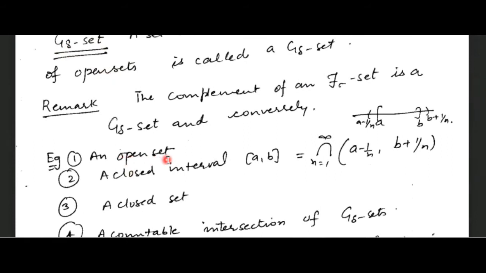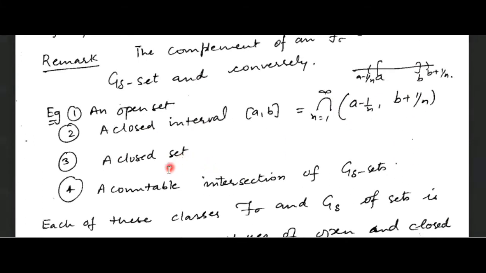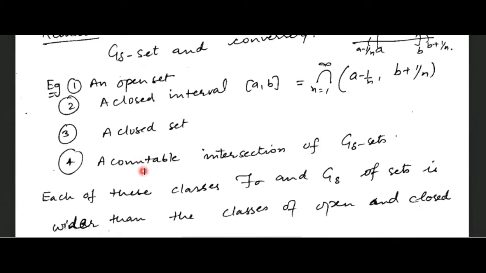For example, any open set, any closed interval (a, b), because it can be written as a countable intersection of open ones. Any closed set is a countable intersection of open sets, so these are examples of G delta.